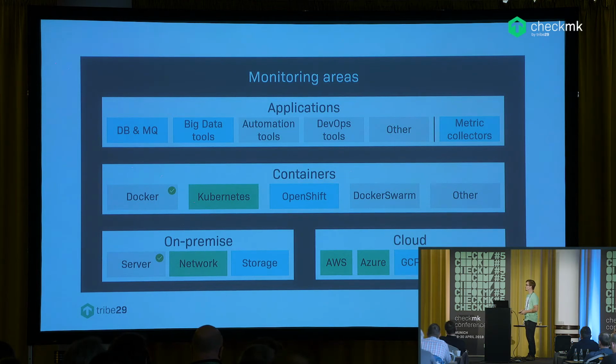Then we have a separate point from all of that, and that's the whole point of metric collectors. Just as an example, containers, for example, Kubernetes. We have Prometheus as well, so each installation has Prometheus included. Prometheus has a very similar principle as our agents. So they have the Prometheus exporters.